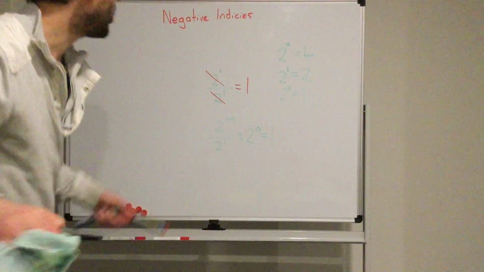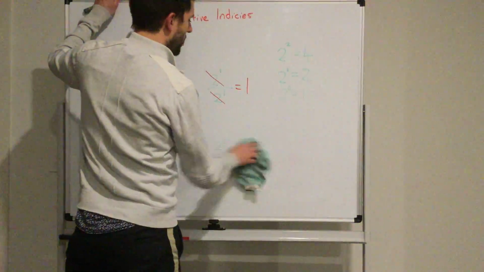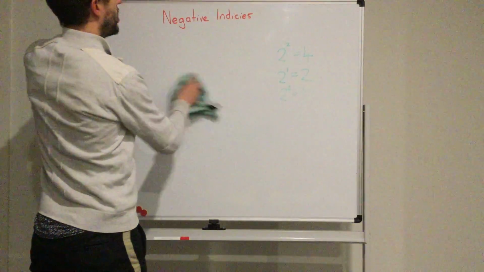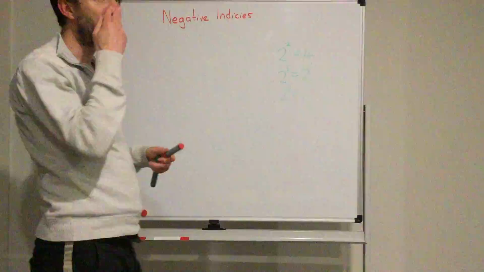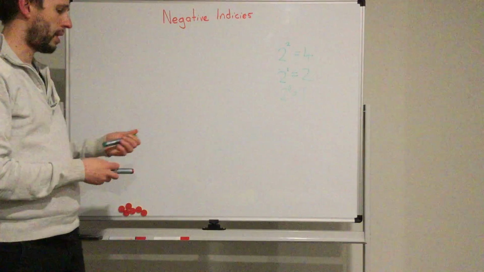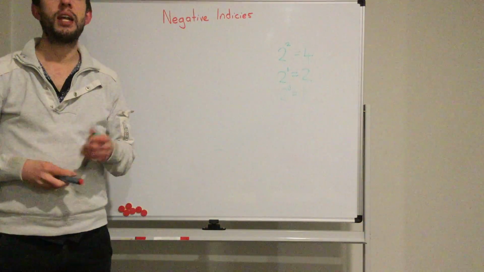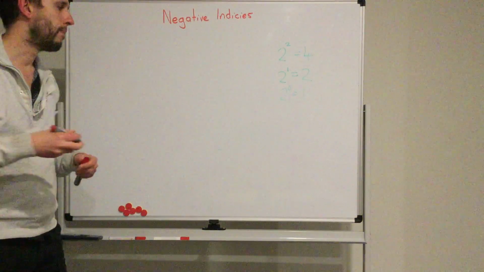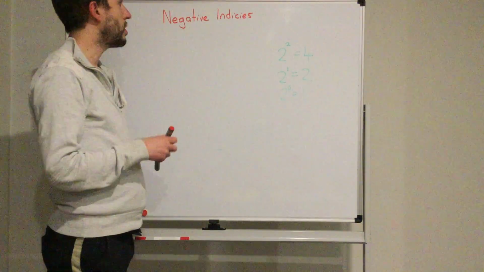Now I want to continue to think about this because when we've got a negative indice, it doesn't mean that we're going to have a negative number. All it means is that our number is going to be getting smaller and it stays as a whole number.